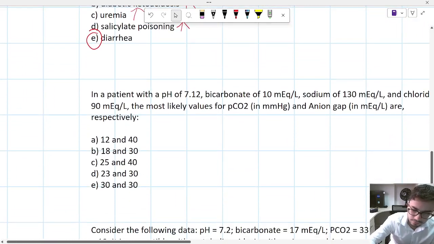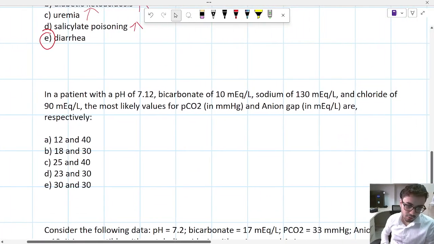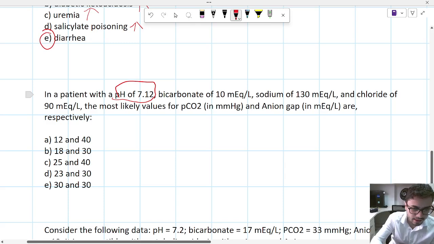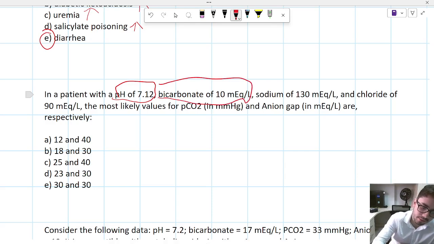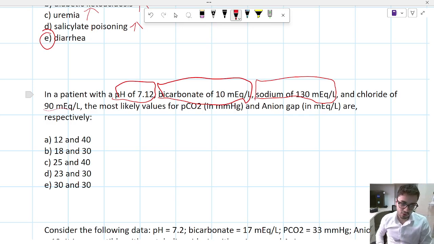Okay, next question. In a patient with a pH of 7.12, so it's an acidosis. Is it a metabolic acidosis? We need to look at the bicarb number. It's a lower bicarb, so of course it's a metabolic acidosis. Sodium of 130, chloride of 90. The most likely values for PCO2 and anion gap are, respectively. So we need to calculate the expected PCO2 for this situation.